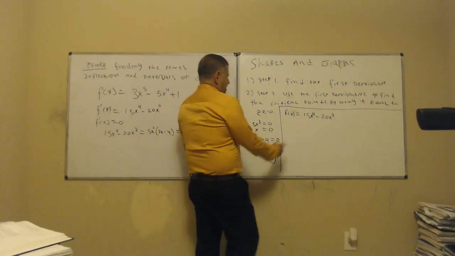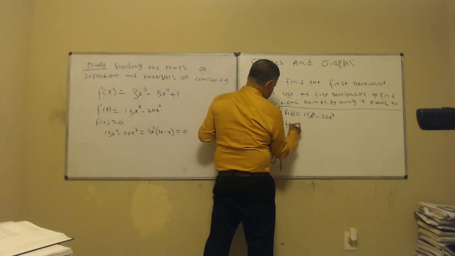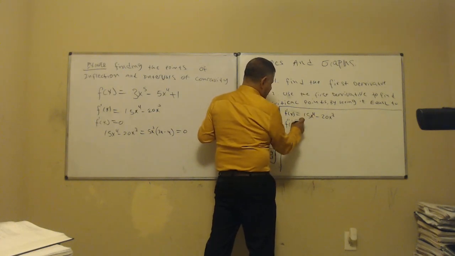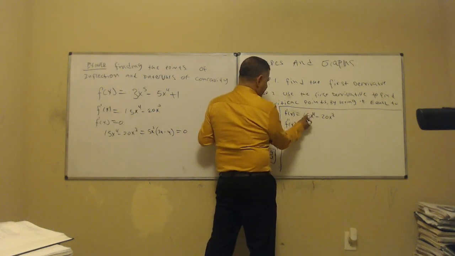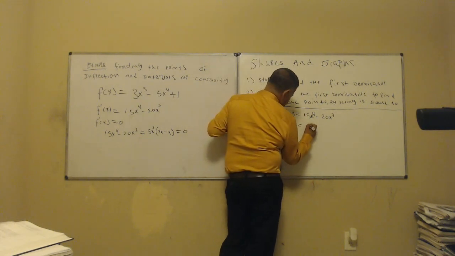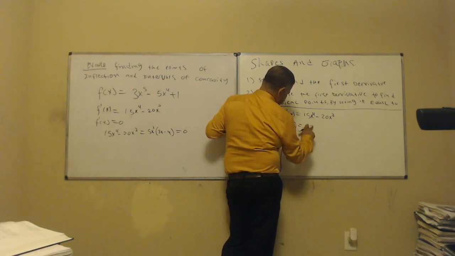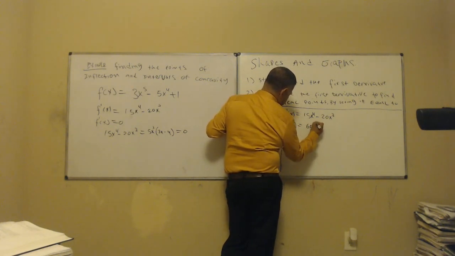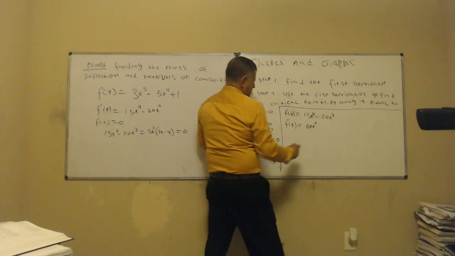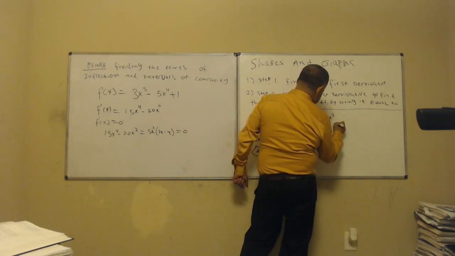Second derivative: bring that to the front. The second derivative is going to be 60x cubed minus 60x squared.